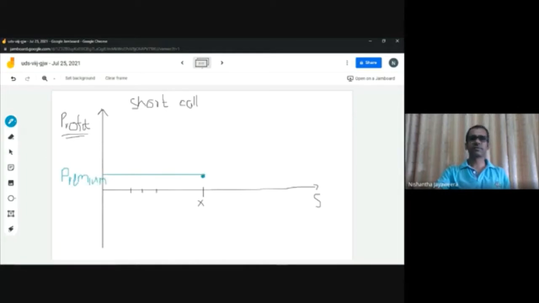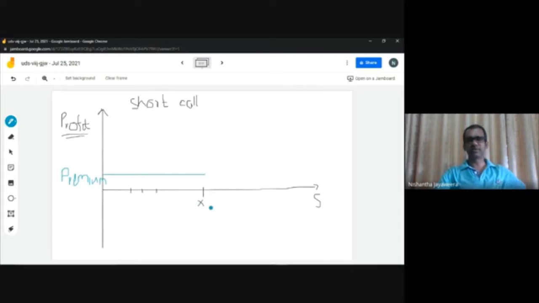After this, what would happen? When the price is above the strike price, the option buyer will exercise his right. Then you have to deliver an asset which has a higher market value, but you get a lower price.